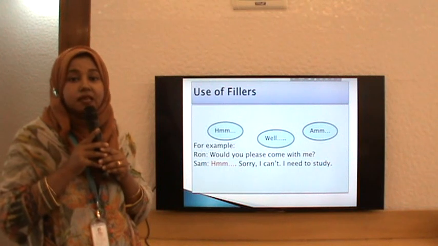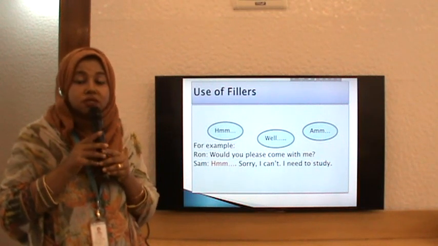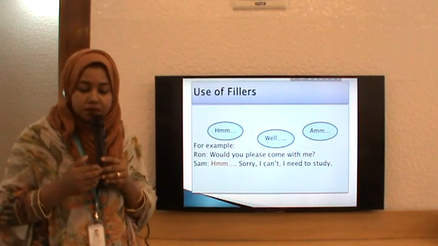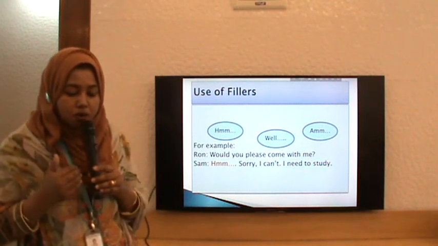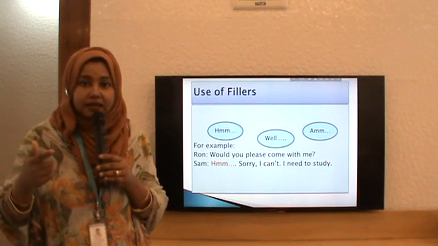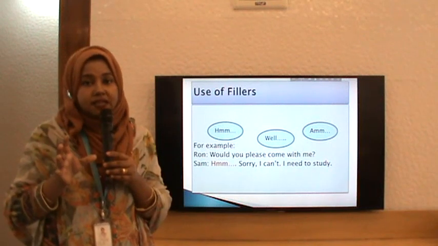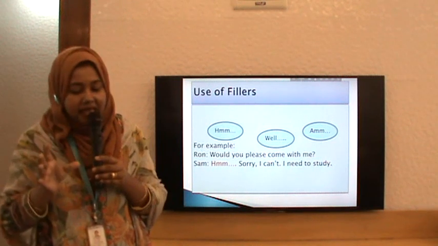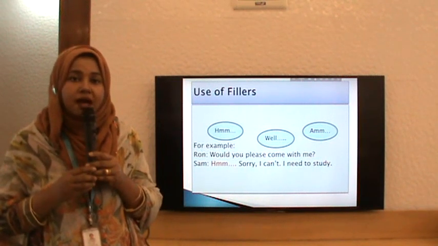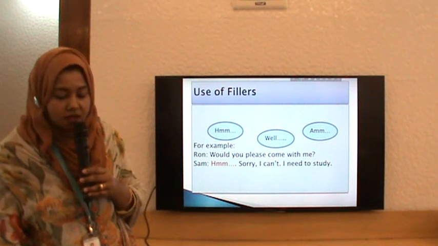Why did he use a filler? To take some time, because he had not decided whether he could go with Ron or not. Then he remembered that he needed to study. That's why he prepared himself with the help of a filler and said, "Sorry, I can't, I need to study." I hope you have understood the use of fillers.